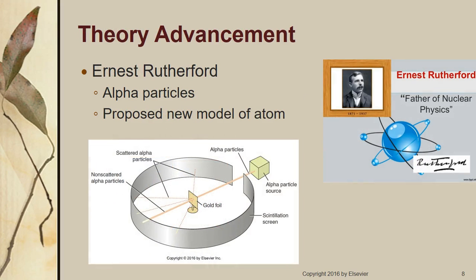Then after that, after Thomson, there came a gentleman named Ernest Rutherford. He was a student of Thomson, and he took his information and went further with it. Rutherford was conducting some scattering experiments by taking a very thin sheet of gold and throwing alpha particles at it.